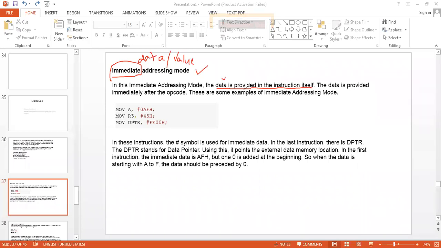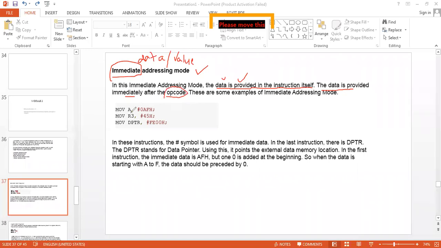The user is providing the data directly in the instruction, so that data is going to be stored into the register, right? So the data is provided immediately after the opcode.